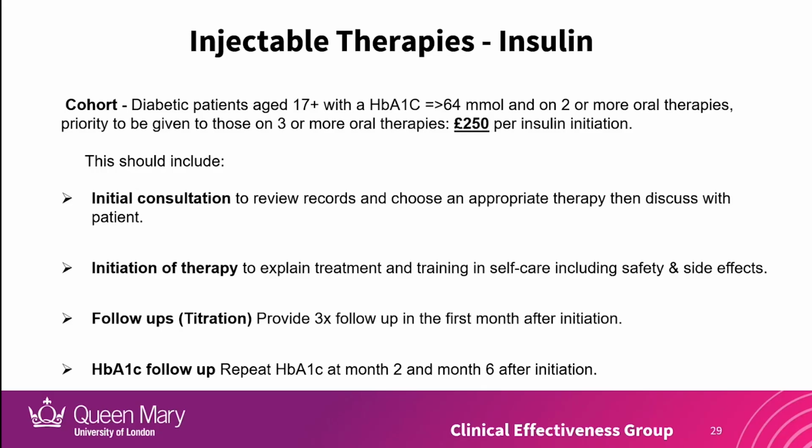And then once you've done your 3 follow-ups, you're required to do 2 repeat HbA1cs, at month 2 and at month 6. So this does require some planning in advance to make sure that you don't miss out on the timescales, because we are looking at certain timescales for the follow-ups and for the HbA1cs being repeated. And if you complete all of that, that is worth £250 per patient that you initiate insulin with.